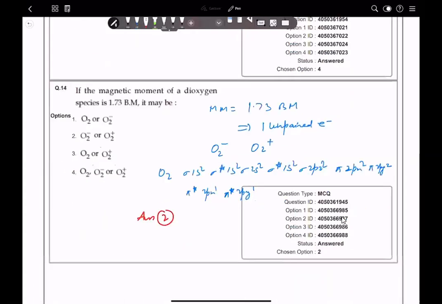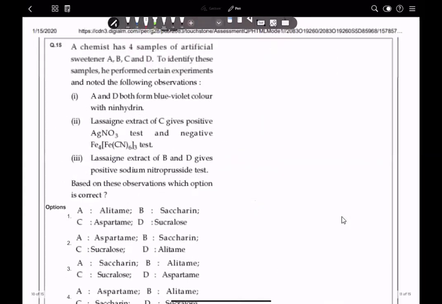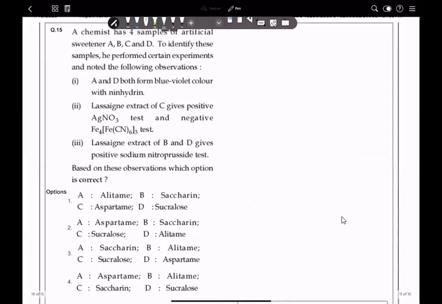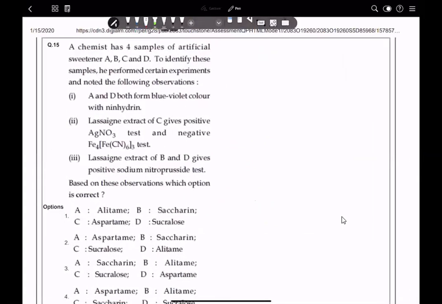Okay. That's question number 15. In question number 15, it's given a chemist has 4 samples of artificial sweeteners A, B, C, D. To identify these samples, he performed certain experiments and noted the following observations.